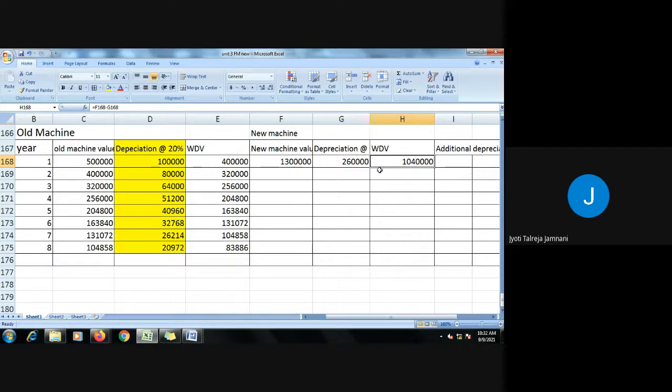Next year, on 10 lakh 40, we'll find 20% depreciation, and from 10 lakh 40, we'll minus 2 lakh 8, which is the depreciation.